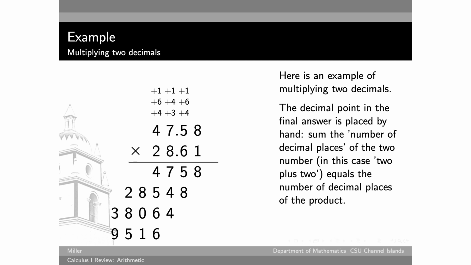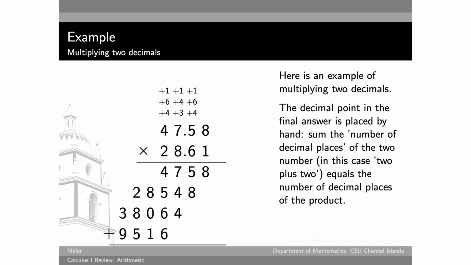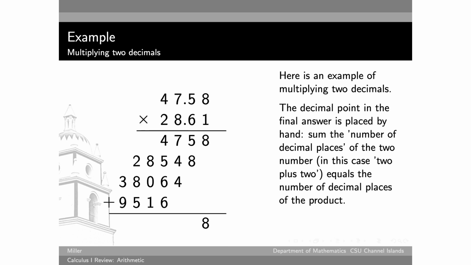Now, with these 4 numbers I have below, I want to add them together, and I just use the same algorithm that you just saw in the previous example. I add them together, 8, and then 8 plus 5 is 13, so I get a 3, carry the 1. 7 plus 4 is 15, so plus 1 is 16, 6 carry the 1, and so on and so forth.